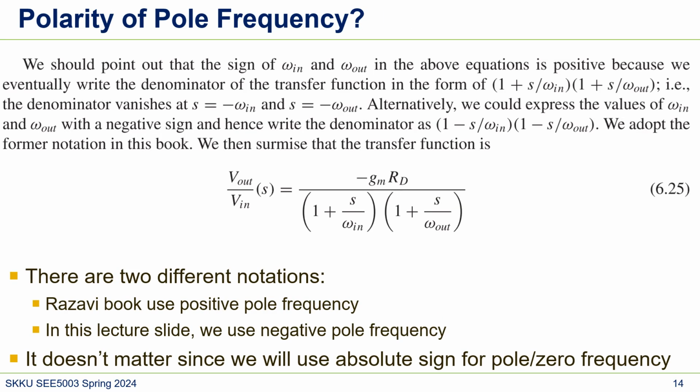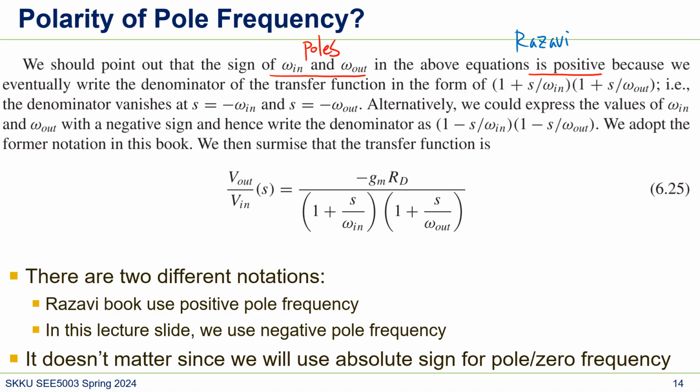In this slide, I brought a paragraph from the Razavi book. It's about the polarity of the pole frequency. This is kind of confusing, but let's see what it says. We should point out that the sign of omega_in and omega_out in the above equation is positive. And these are poles.